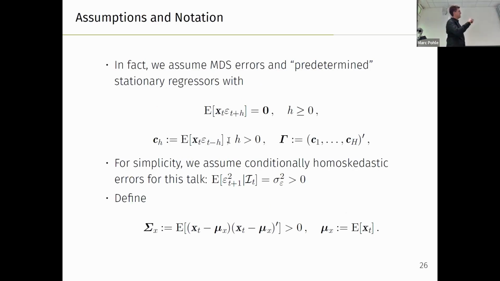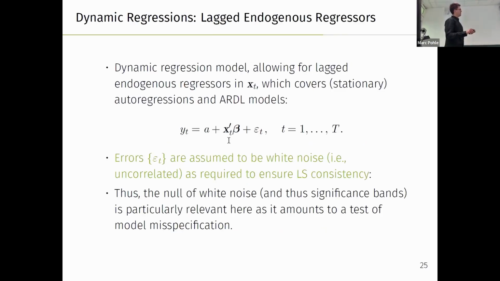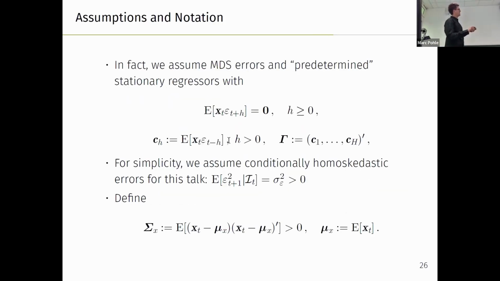So we have this linear process assumption on the error term. Then we have to impose white noise, so we make the stronger assumption that we have MDS errors, martingale difference sequence errors. In fact, we essentially assume that the errors are IID here. We also assume that the regressors are stationary and predetermined.